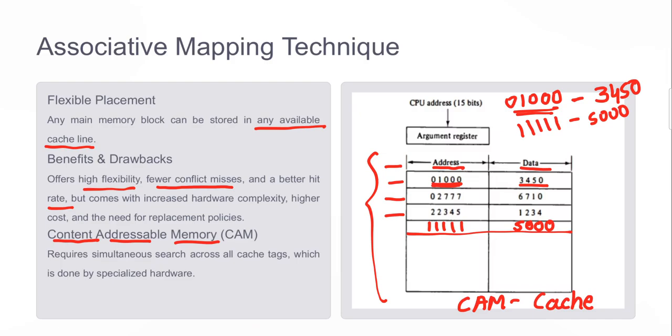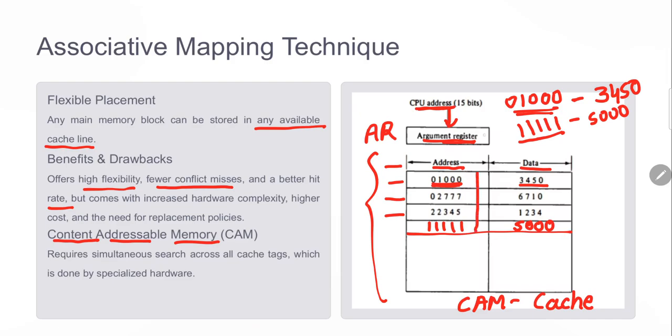And how does the CPU access that data? When the CPU requires one data, the CPU address is given to the argument register, AR. This argument register will store that address, and with the mechanism we search for that address here.